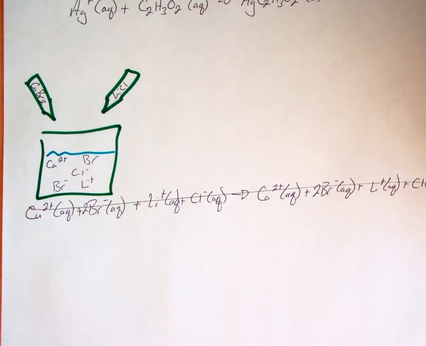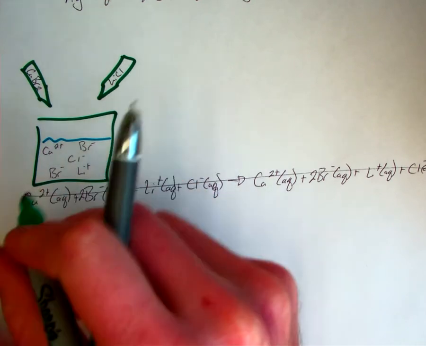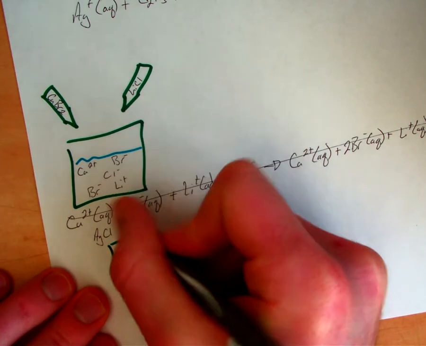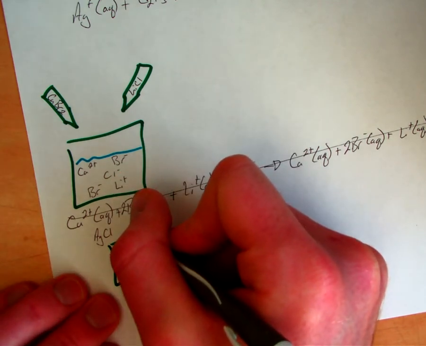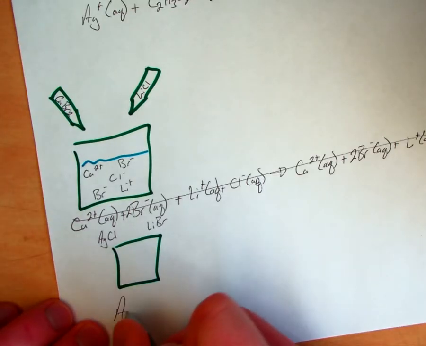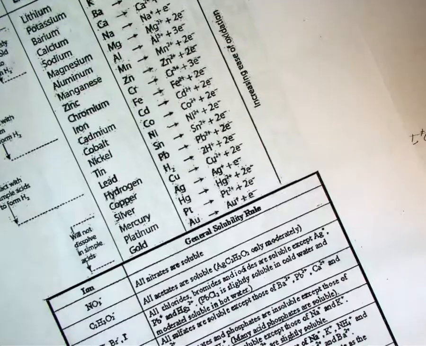All right, last one. What happens when we add silver chloride to lithium bromide? Well, as we see, silver chloride is one of our exceptions with chlorine.